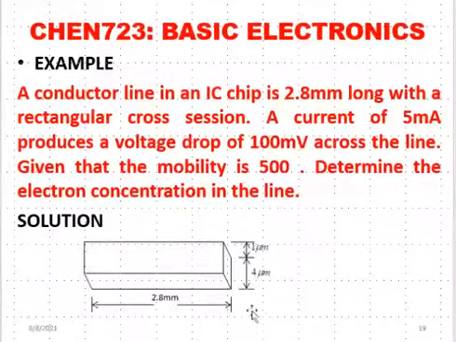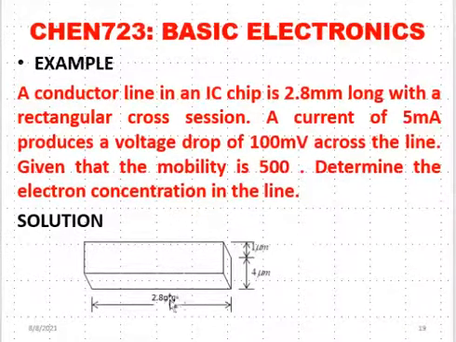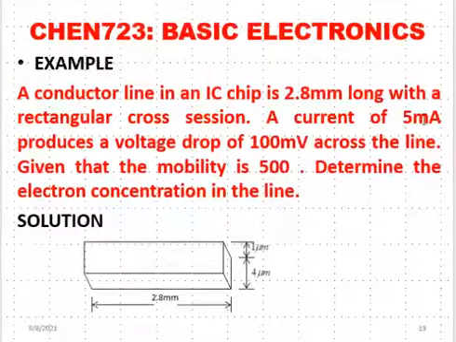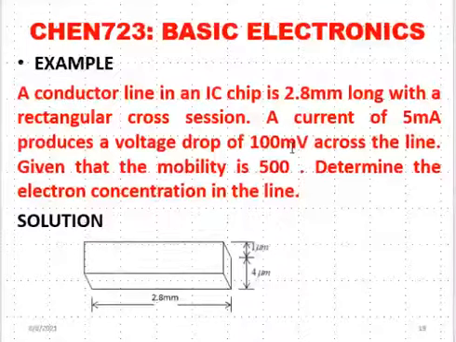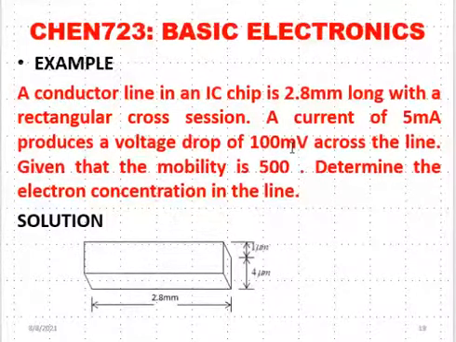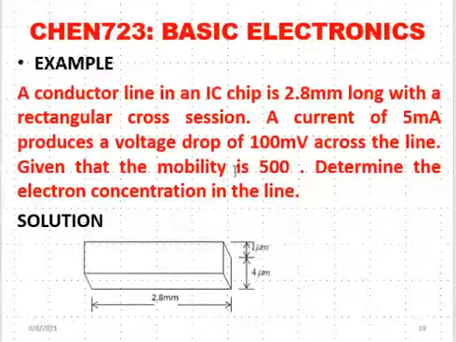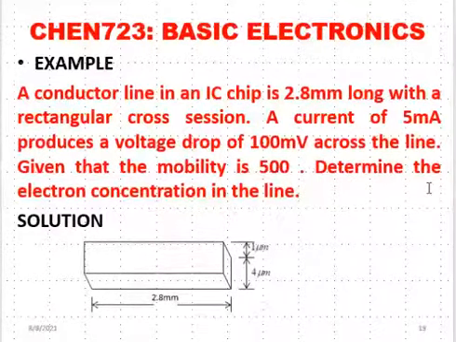Now, to demonstrate how to use these formulas we have derived, we are given a question which says we have a conductor, the length is 2.8 millimeter as you can see from the diagram here, and the cross-sectional area is A. The current passing through it is 5 milliampere, and this produces a voltage drop of 100 millivolts across the material, and we are given that the mobility of the electron is 500.